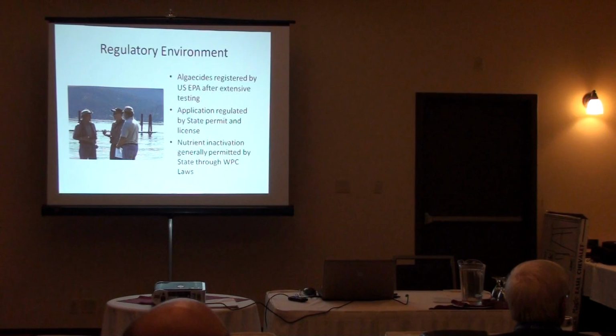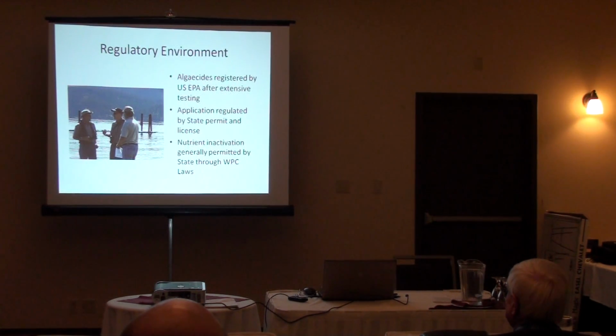If you live in the southeast where the primary fishery is bass or some of these other species, they're not sensitive to that. So there may be a higher tolerance in the state's permit system to allow the use of those technologies. Other states like Washington, with salmonids like salmon and trout, they're real sensitive to things like copper. So the permitting is different from state to state, generally to tighten these things up.